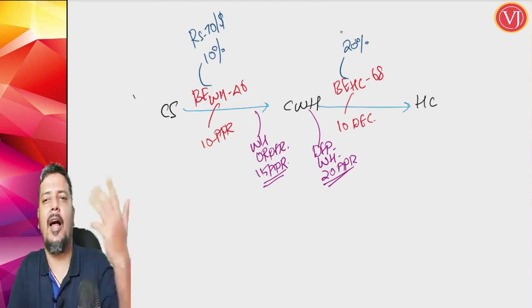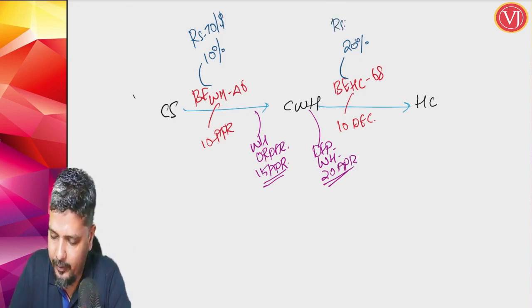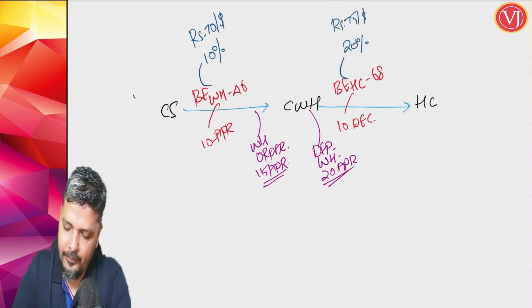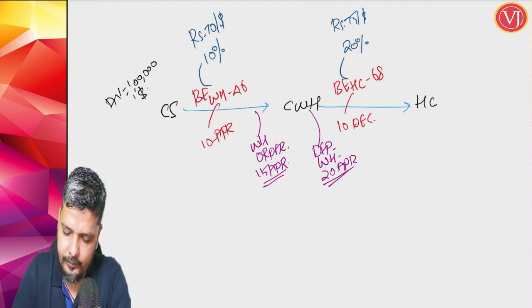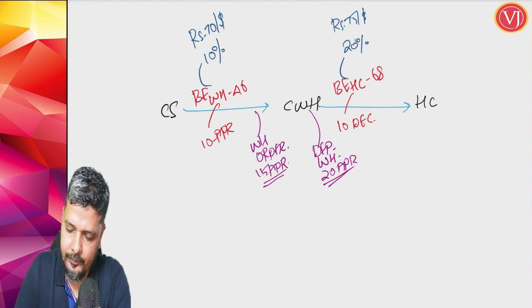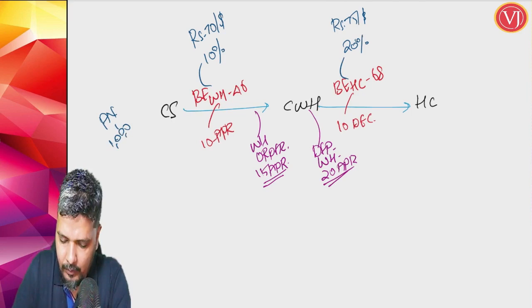I am not going to write RBI or FEDAI. When they are exiting, let us say rupees 75 per dollar. And assessable value is $1 lakh. And basic assessable value is, say, $1 lakh.